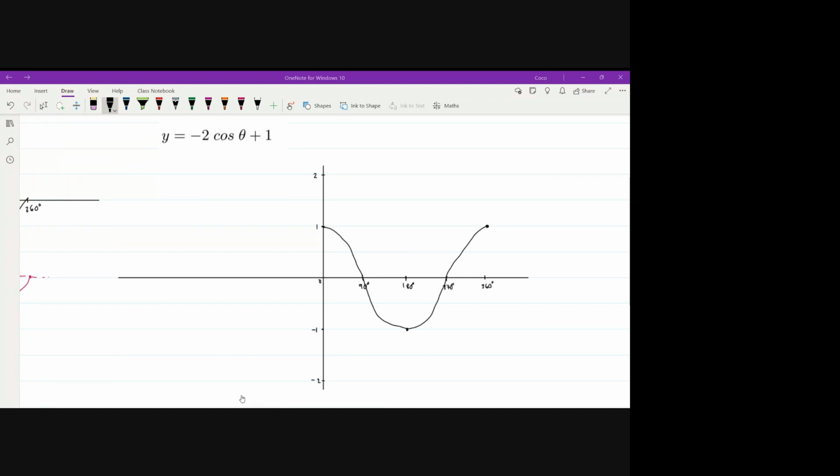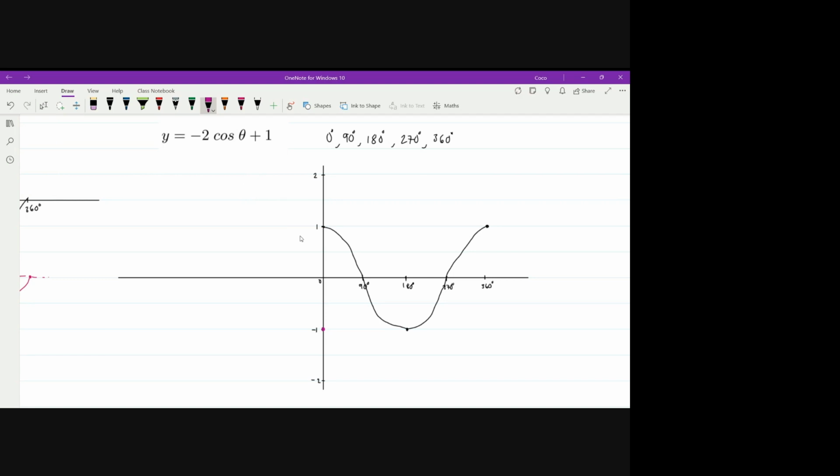All right, let's look at the answer that we got. If I use the prompts that we had, 0 degrees, 90 degrees, 180 degrees, 270 degrees, and 360 degrees, I'm going to find that at cos of 0, I'm actually going to get -1. So my graph will be here at -1.